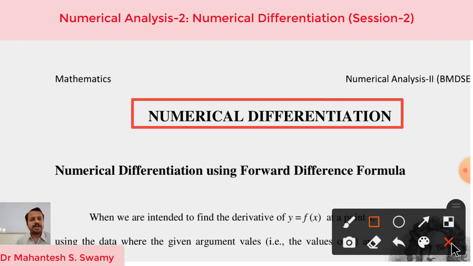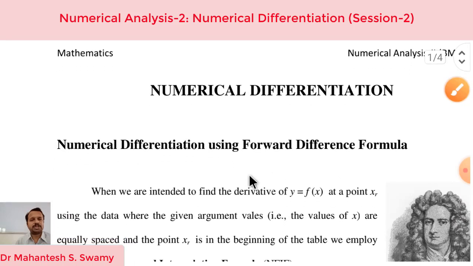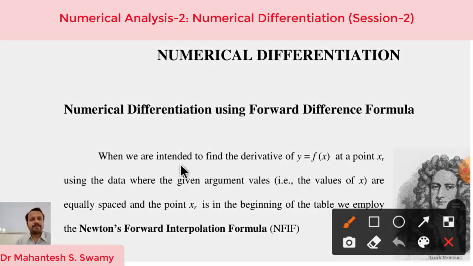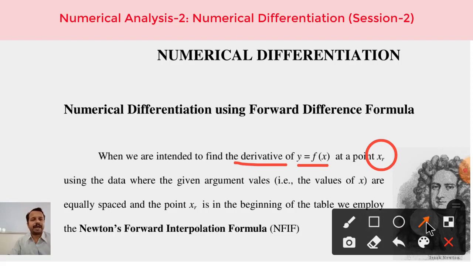If we recall the definition of numerical differentiation, it is the process of finding the derivative of the function y equal to f of x at some desired value xr of the independent variable x. Here y is the dependent variable and x is the independent variable.